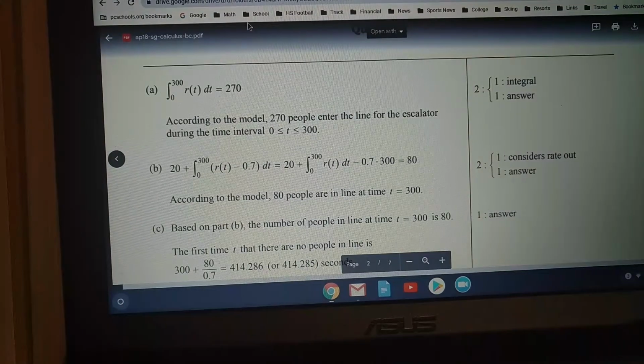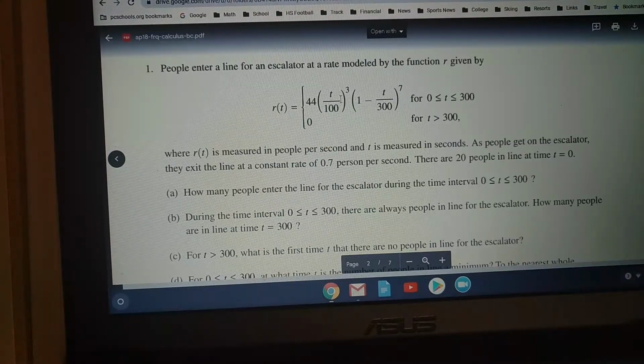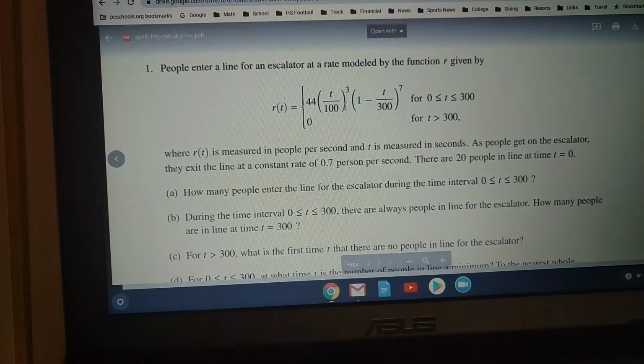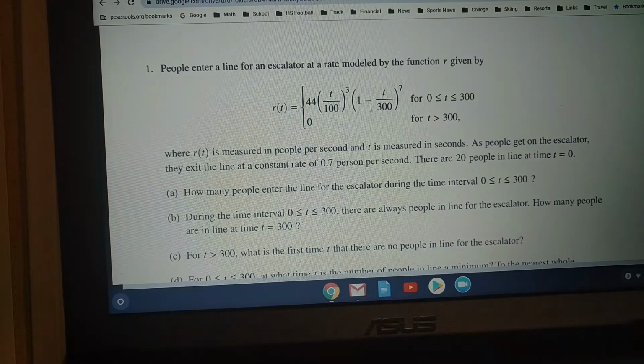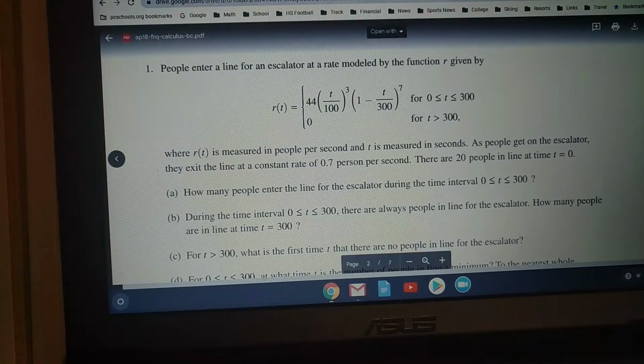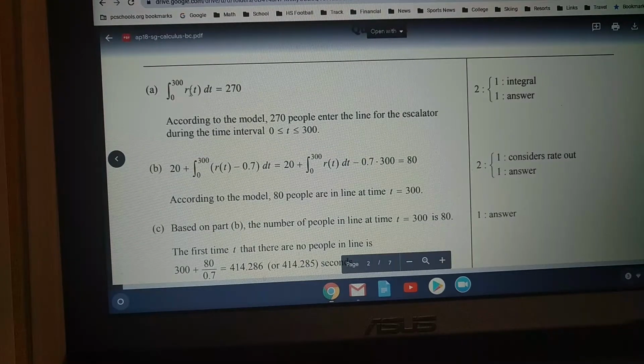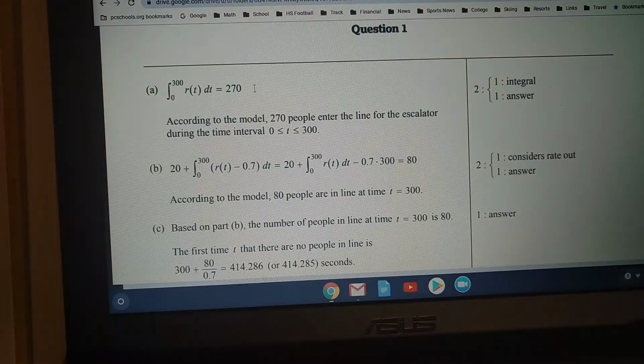It's fine if you enter what that rate function is, but you don't have to. You can enter this 44 t over 100 cubed times this, or you can simply write r of t because it is defined in the problem. And then if you plug that into your calculator correctly and come up with an answer of 270, you get the second point.